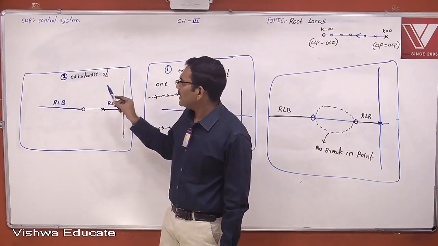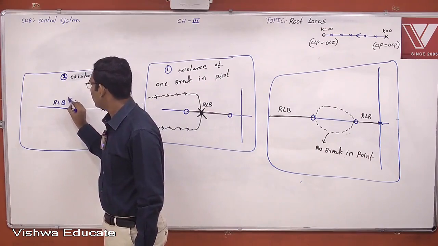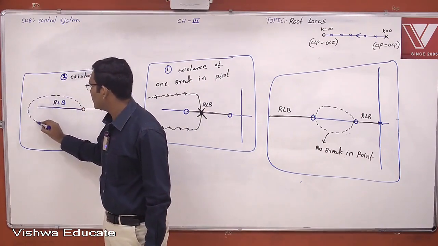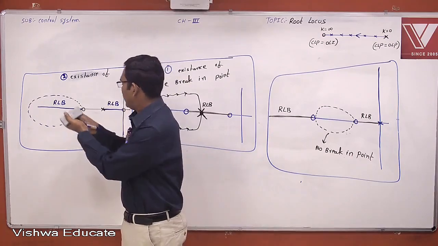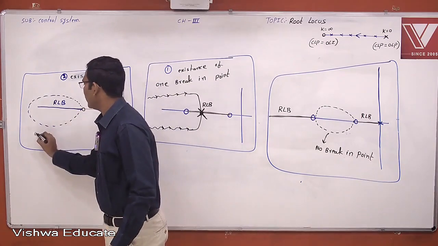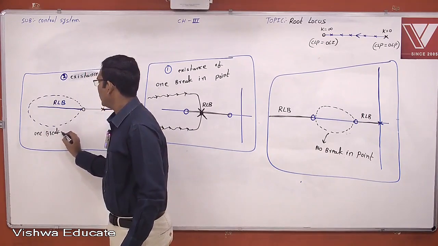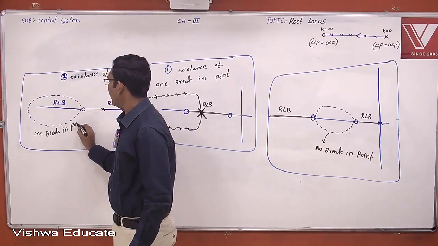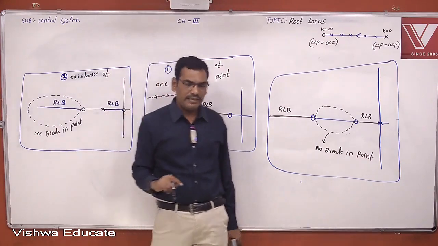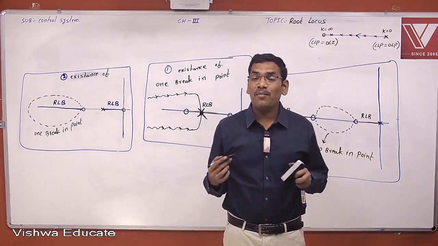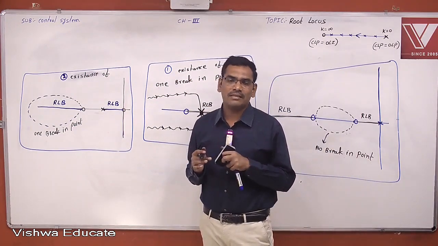Then there is a chance of existence of one break-in point, from this particular zero to minus infinity. Understand or not? These are the possibility conditions I am saying.